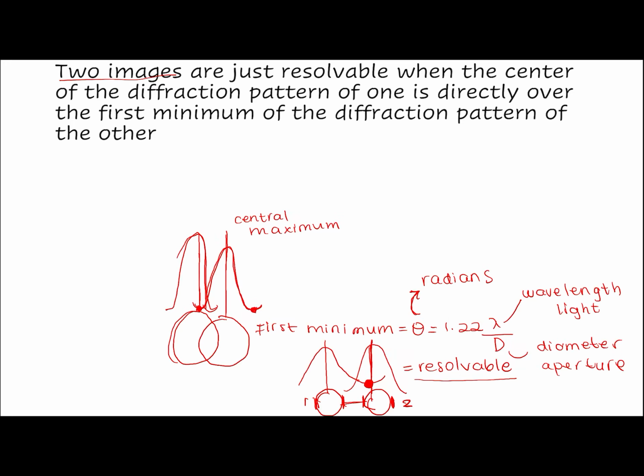So in order to be able to tell these two apart, this center would have to be directly over the first minimum of the first object.